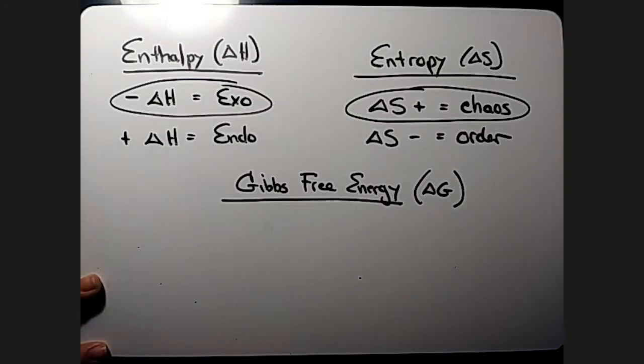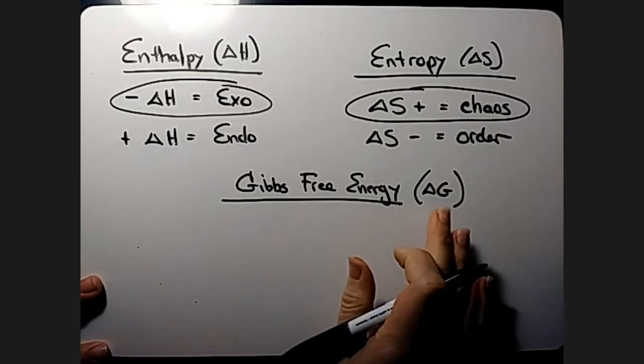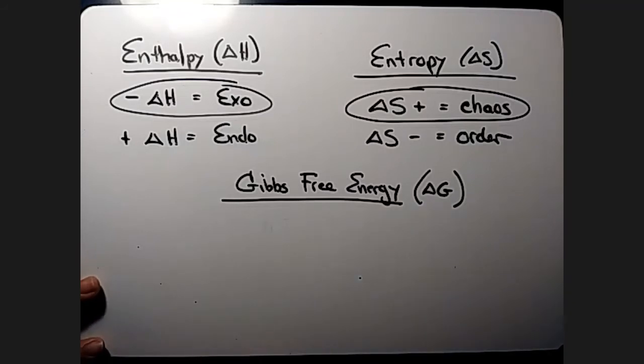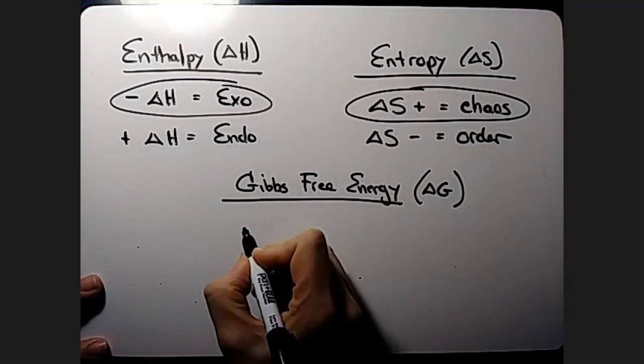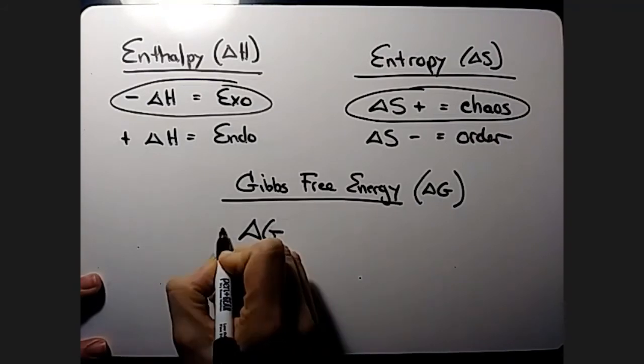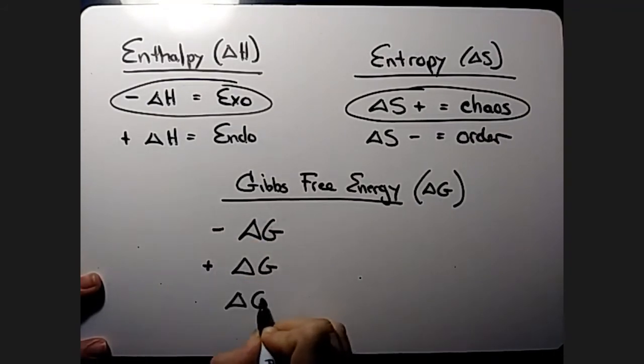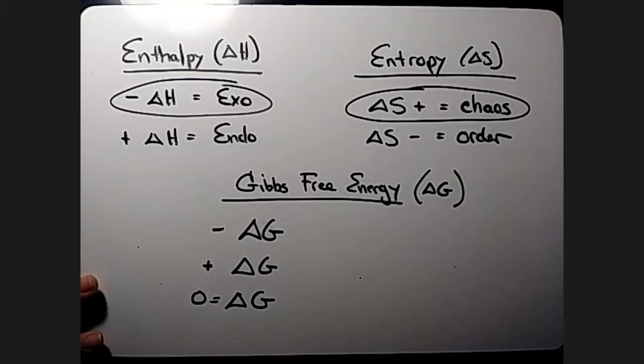Now, you'll find on the thermodynamic tables that I shared with you yesterday that there is a third column of delta G data on that chart. That's going to be pretty important for you to dig into. So overall, delta G can be negative, delta G can be positive, and delta G can be 0.